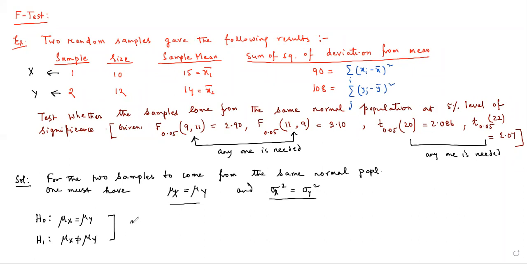And since the sample size is small, the total sample size here is 10 plus 12, which is 22, less than 30. So to test this, we can apply the t-test of difference of mean.